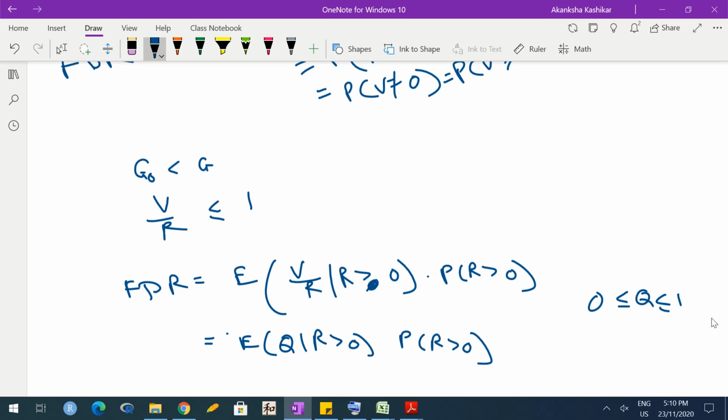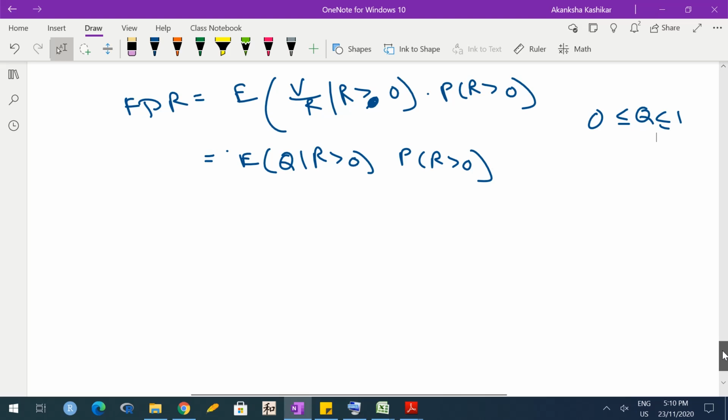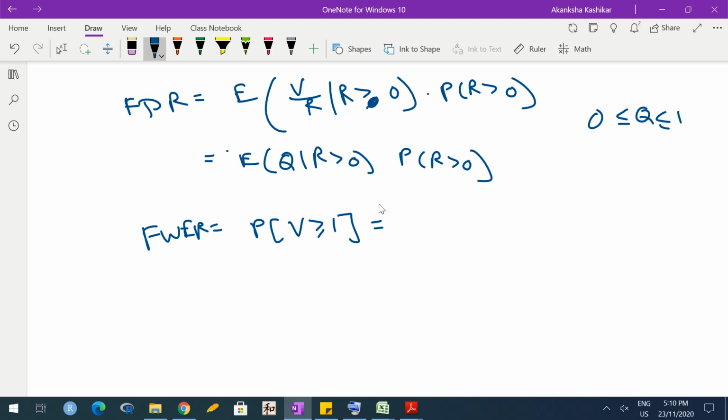Q can never be greater than 1, this ratio. Okay. And this family wise error rate we know is probability of V greater than or equal to 1. So this is same as expectation of indicator of V greater than or equal to 1.